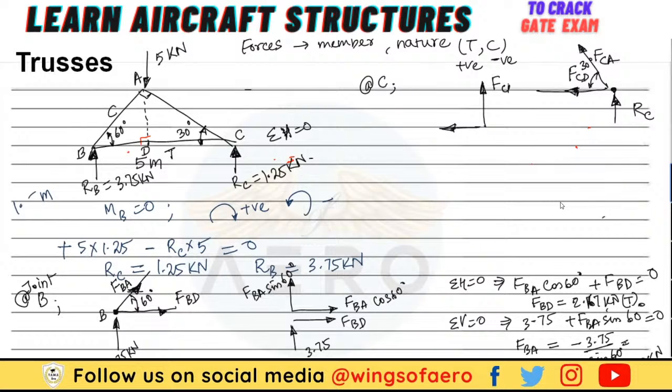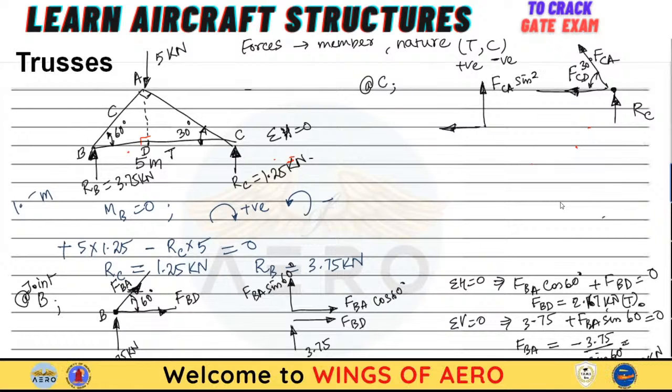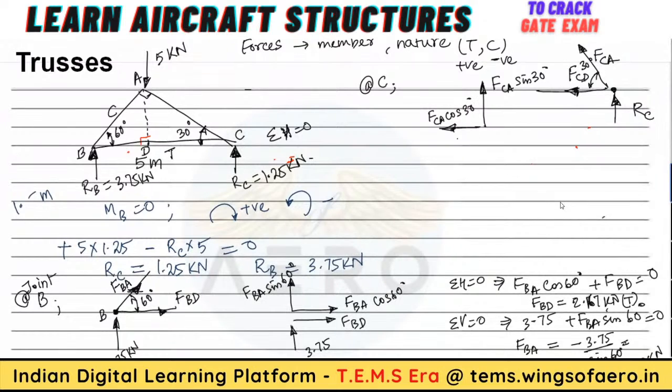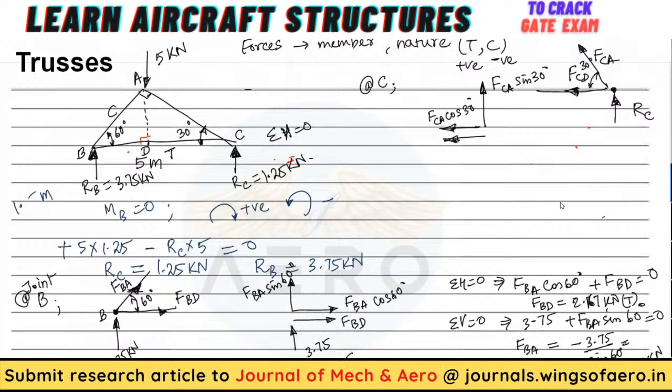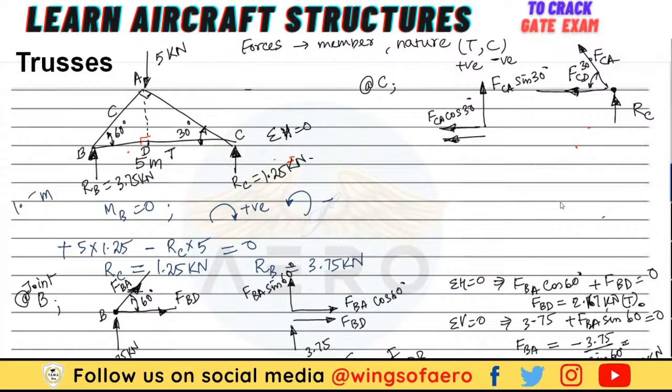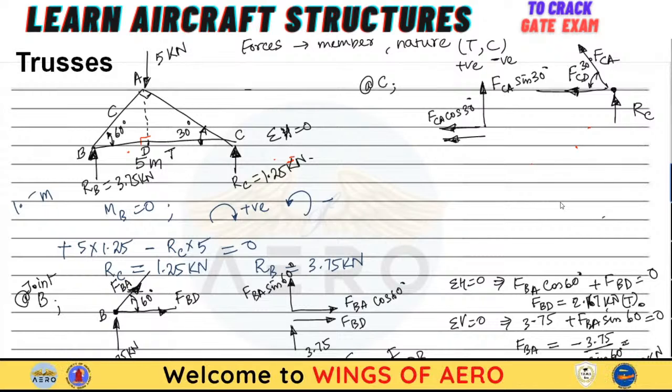F of CA sine 30, F of CA cos 30. Then we have another force, F of CD, and F of CD and F of BD are the same. Ma'am, the value is around 2.67. Is it 2.5?